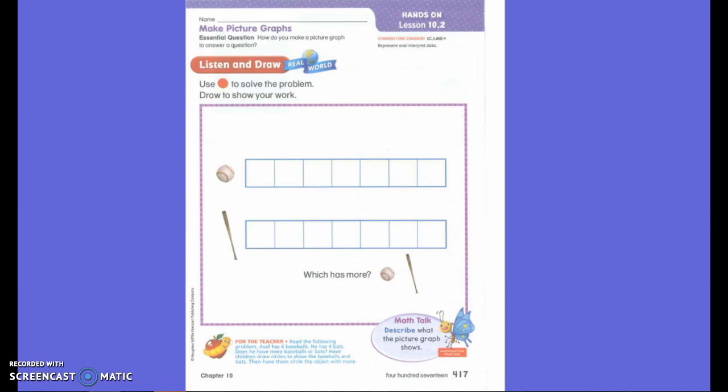Asaph has 6 baseballs. He has 4 bats. Does he have more baseballs or bats? So, first of all, what do I probably need? What information?